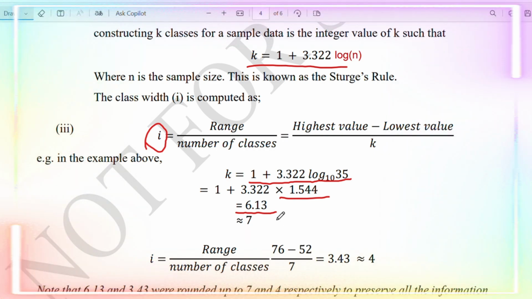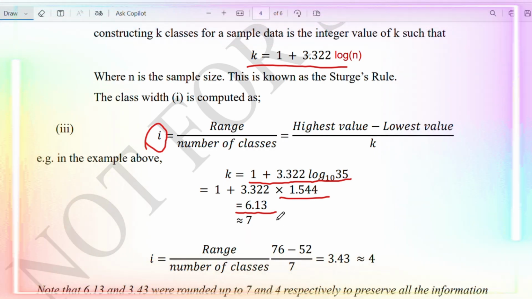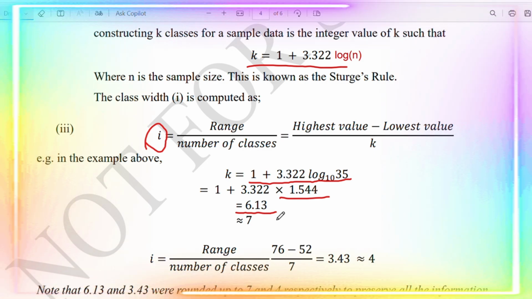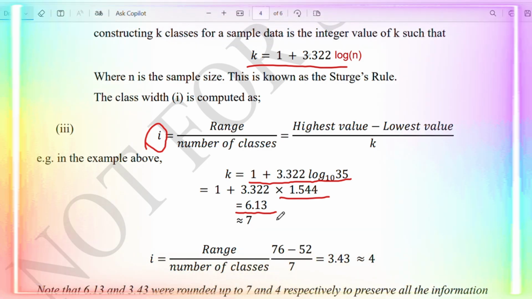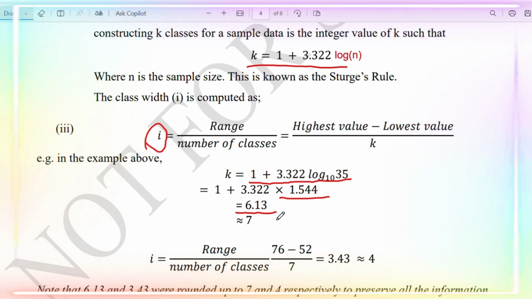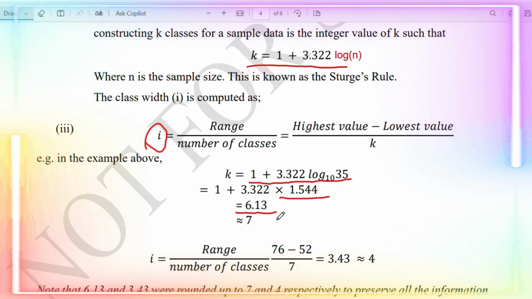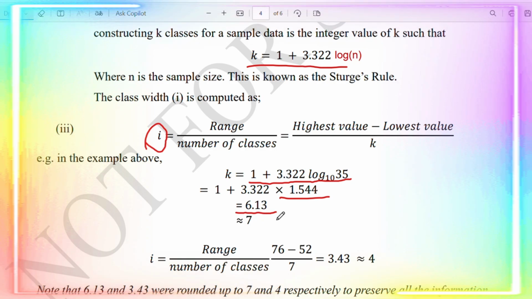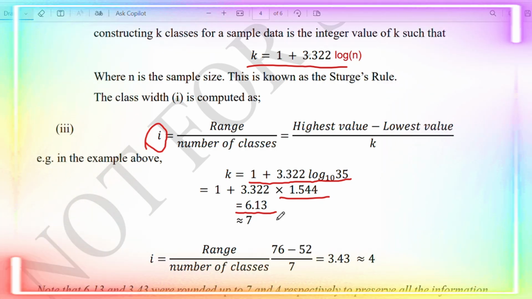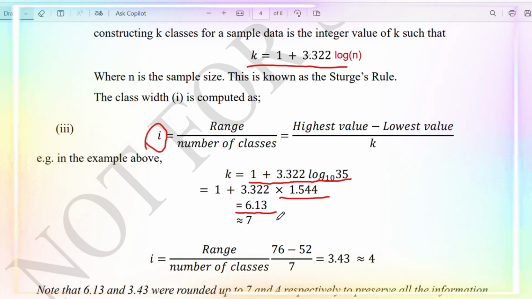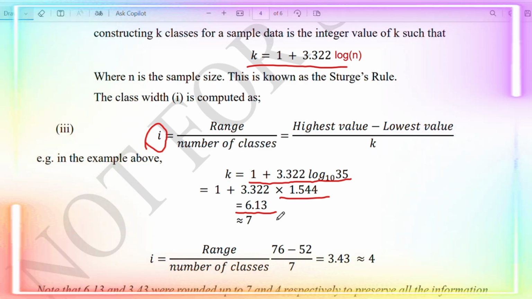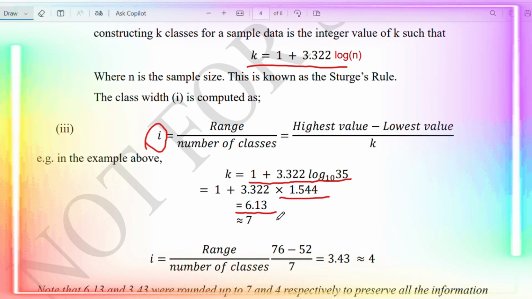The answer will be 6, but in this case that slight 0.13 can be costly when you want to construct the frequency table, and I will show you an example of that. I will give you an assignment: go ahead and use 6 for this same example, and tell me in the comment section what your experience is.